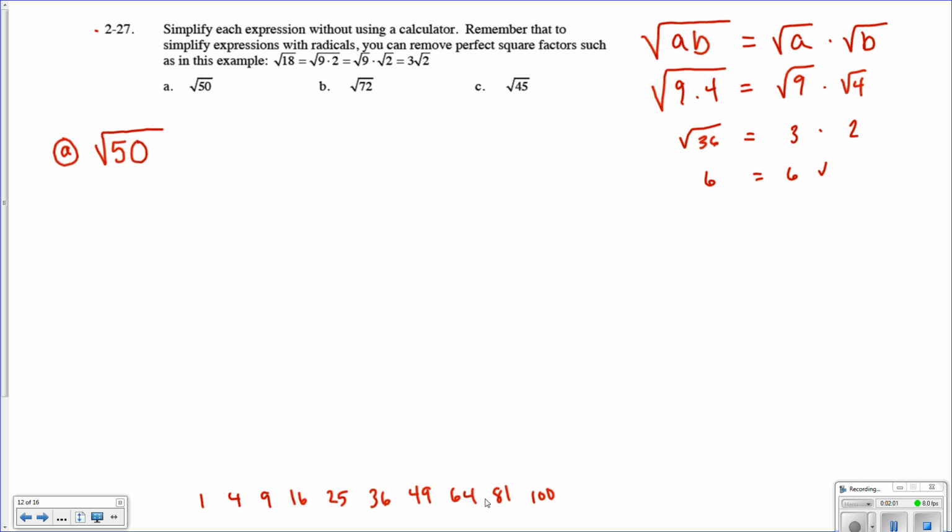That's just from 1 to 10, but as we look at the square root of 50, we're going to take it and we're going to break it apart here. 50 is the same thing as 25 times 2. 25 is a perfect square. That's why we're using it there. So this is the same thing as the square root of 25 times the square root of 2.